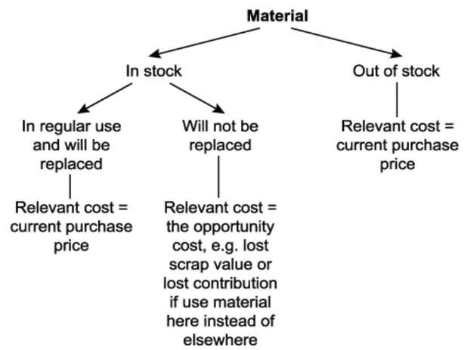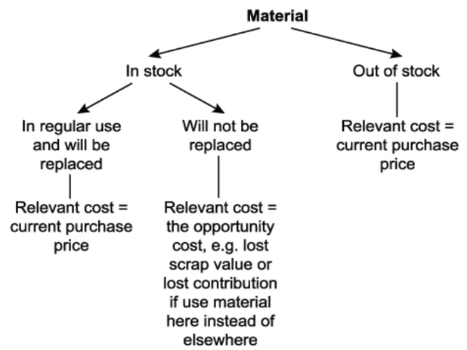There are two things to consider. We always have to find out, are we going to get these materials from the existing stock? In other words, is the material in stock or is it out of stock? That is something we have to always find out.